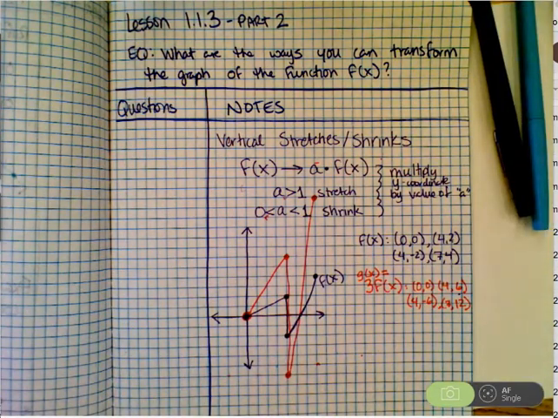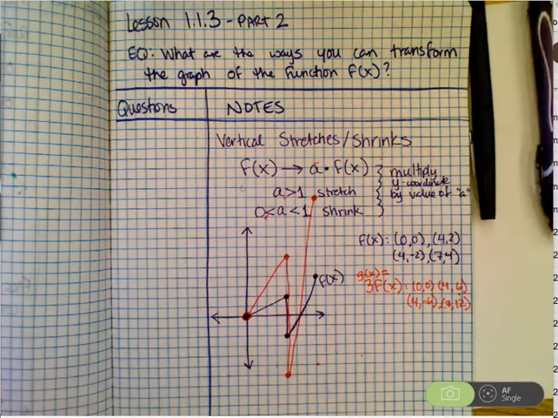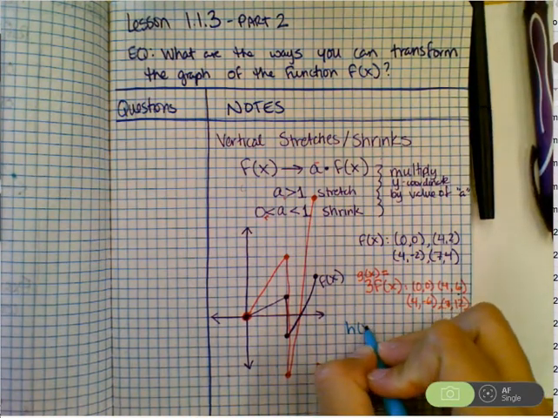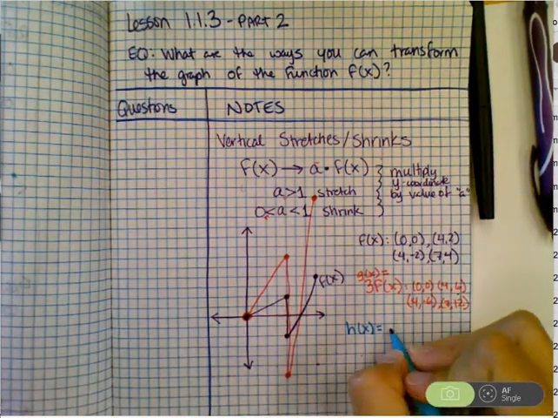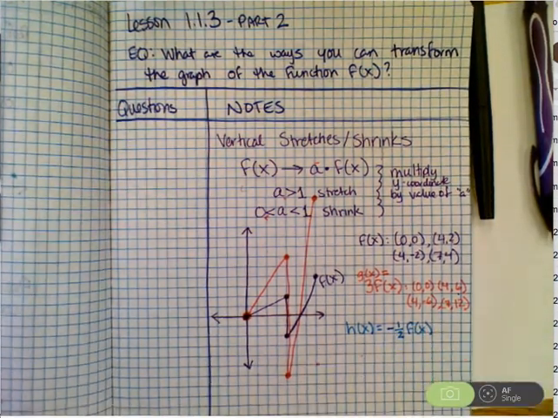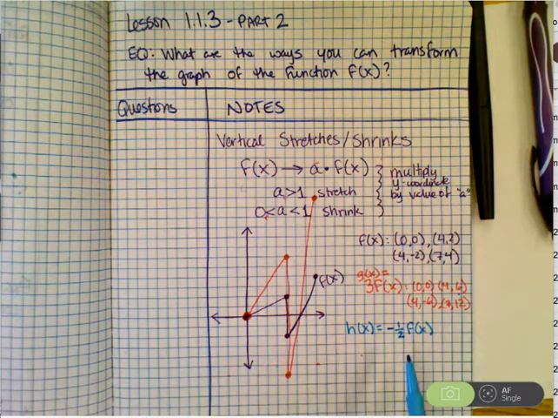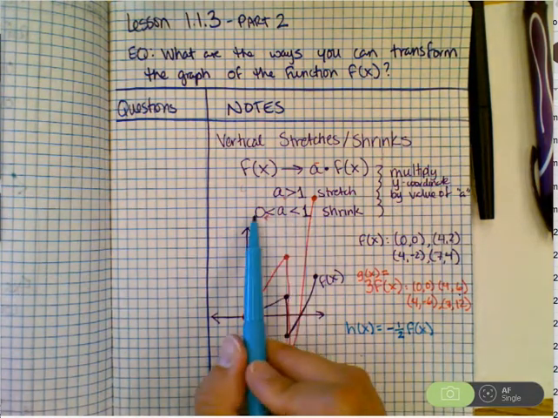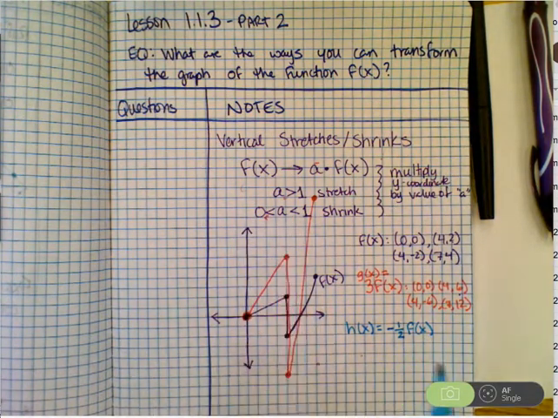And just to look at one more example, this time I'm going to say h of x, and we're going to let h of x equal -1/2 f of x. So this time we have -1/2, so our a is here between 0 and 1, so we're going to shrink it instead of stretching it.